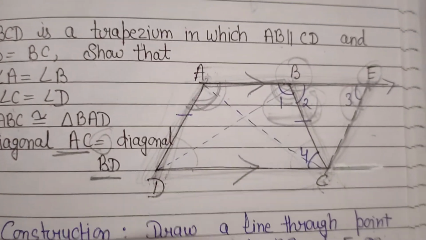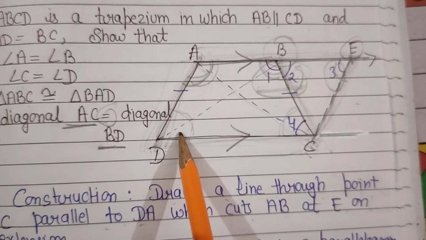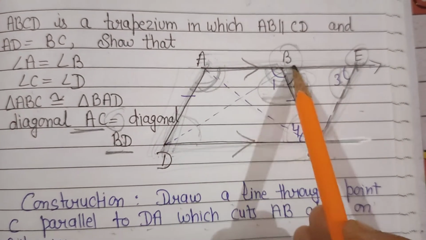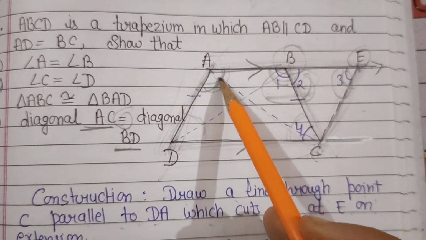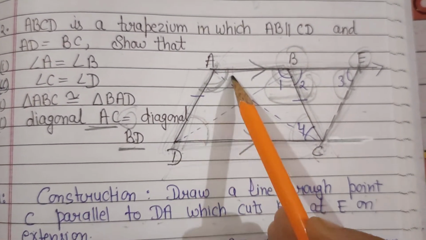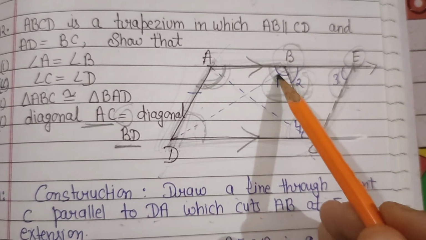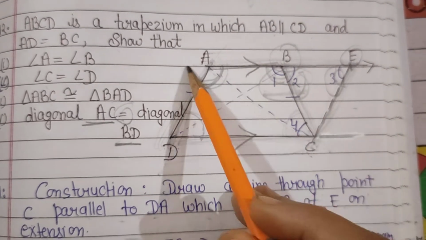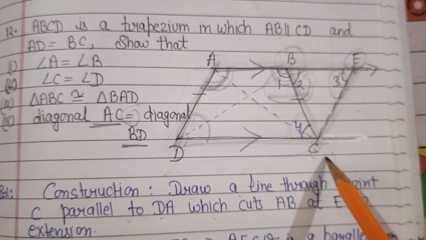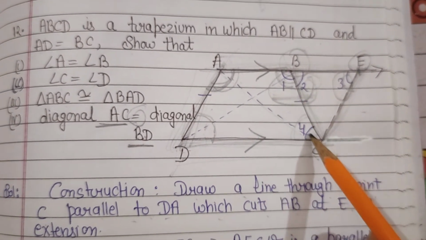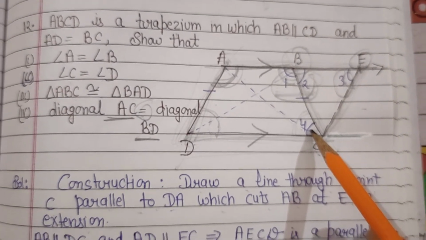Now for the second part, we have to show that angle D and angle C both are equal. Now AB line is parallel to DC and AD is transversal. So we can say angle A plus angle D is 180 degree, co-interior angles. Similarly, we can see for angle 1 and angle 4. Again, AB is parallel to DC and BC is transversal line. So angle 1 plus angle 4 is again 180 degree. These are also co-interior angles.